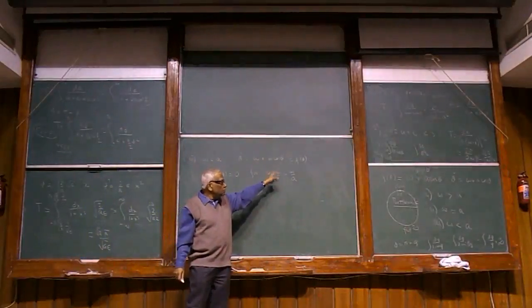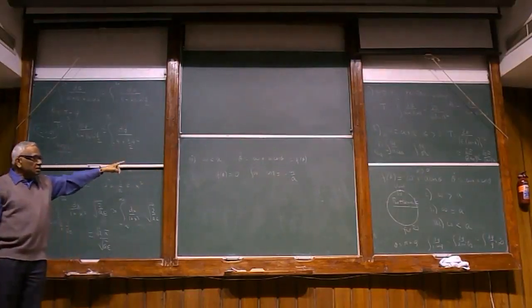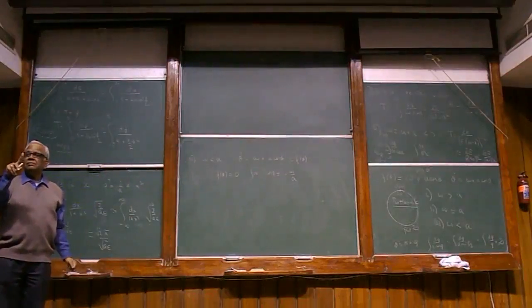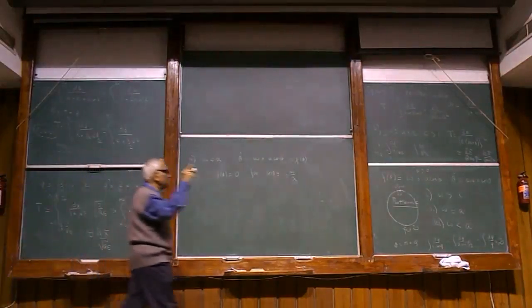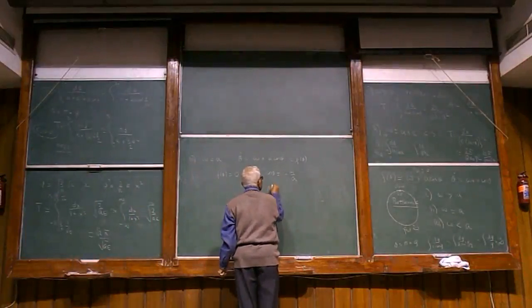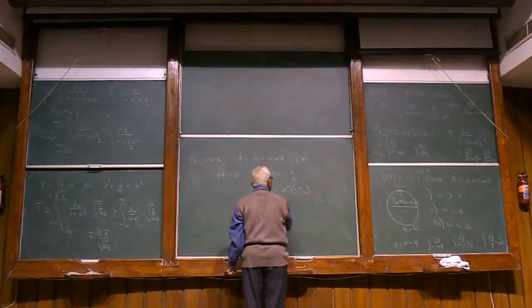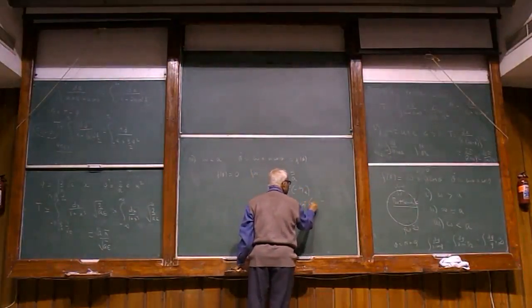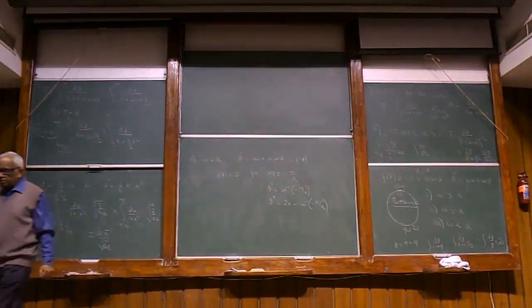At omega equal to A, it just came at pi, and now omega is less than A, so it exists. How many fixed points? Two fixed points, right? So there is a fixed point theta star at cos inverse of minus omega over A, and another at theta star equal to 2 pi minus cos inverse of minus omega over A. So those are the two fixed points that you have.